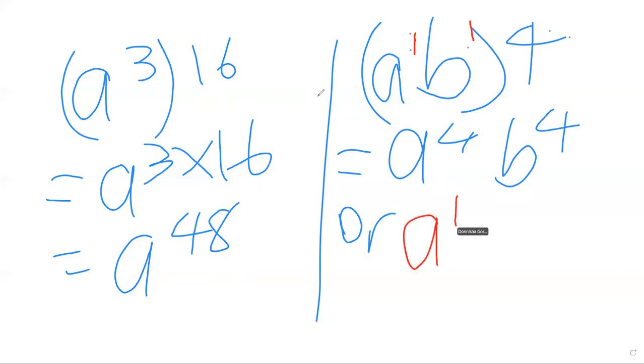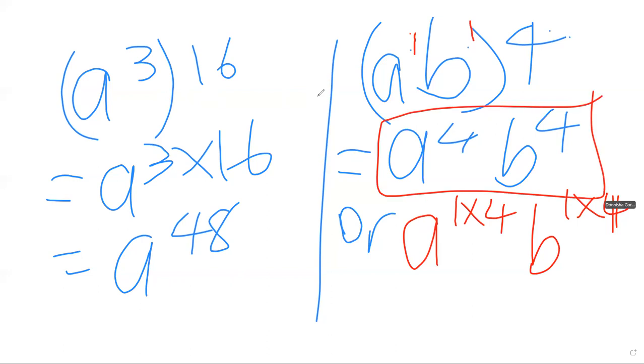For a, the powers would be 1 times 4, and for b, same. Multiply the power inside the bracket by the one outside the bracket. You still get a to the 4th, b to the 4th as your answer. Remember to pause and write off as you go along. If necessary, you can always play back the video.